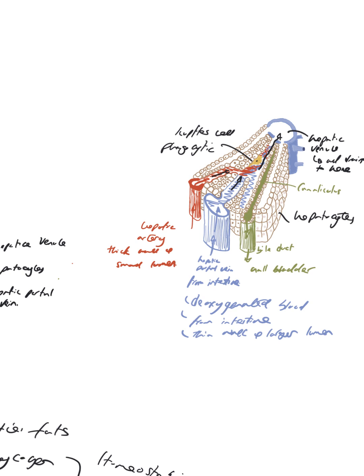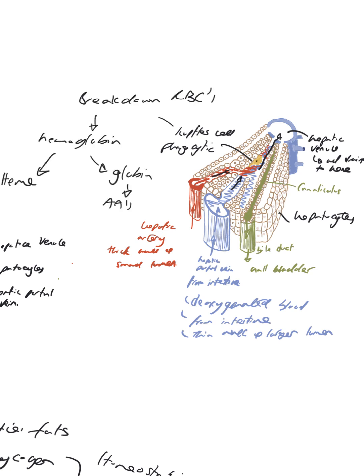Now, the biliverdin then gives your colour to your faeces, and the iron can then be either stored or used, and in the female it can be lost through menstruation, whereas the globin part of the hemoglobin can then be hydrolysed to amino acids.